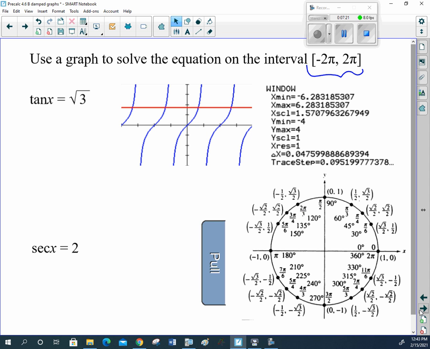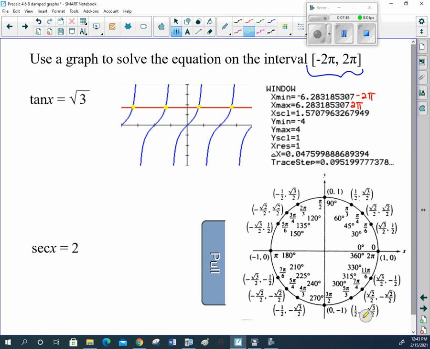Now, in my graphing calculator over here, you can see that I have put in negative 2 pi and positive 2 pi for my window. So you can see that I have everything the way it should be, and it looks graphically like there's 1, 2, 3, 4 answers.